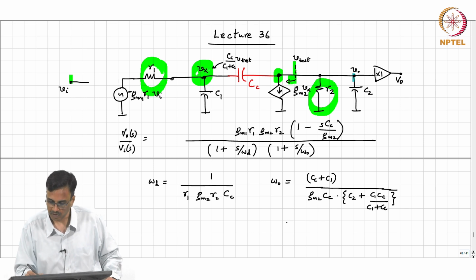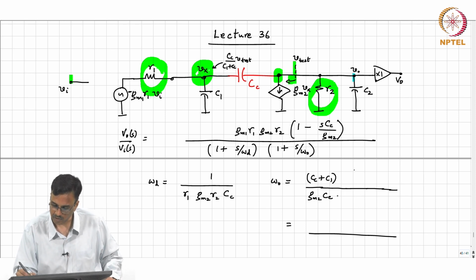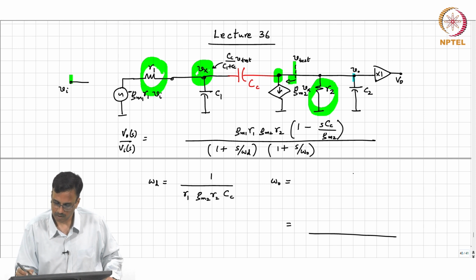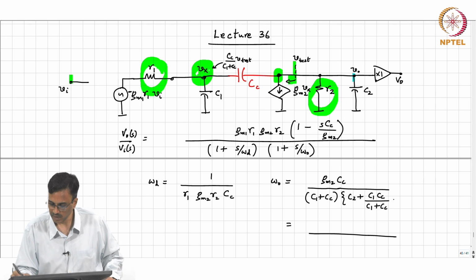And therefore the second pole has a frequency which is... Oh, sorry, this is Gm2 times Cc over C1 plus Cc, and this times C2 plus C1 Cc over C1 plus Cc.